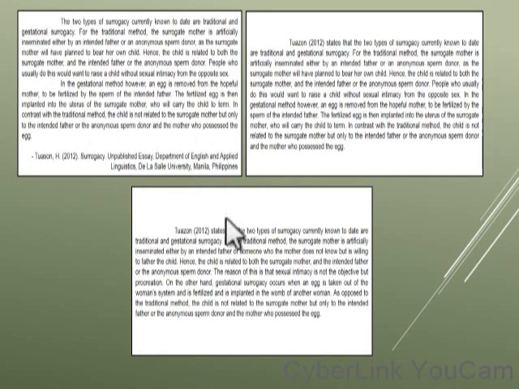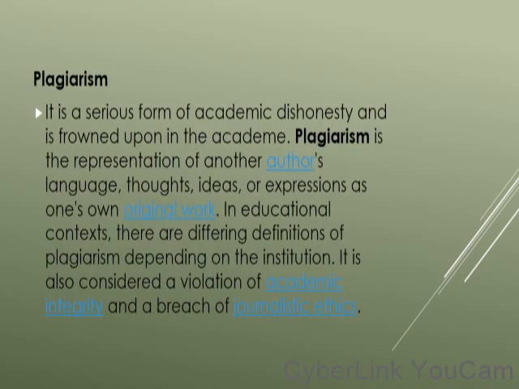Now, what do we mean by plagiarism? When we say plagiarism, it is a serious form of academic dishonesty and is frowned upon in the academy. Plagiarism is the representation of another author's language, thoughts, ideas, or expressions as one's own original work. In educational context, there are different definitions of plagiarism depending on the institution.